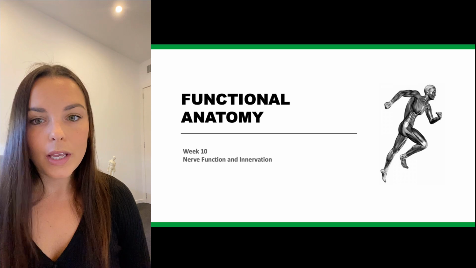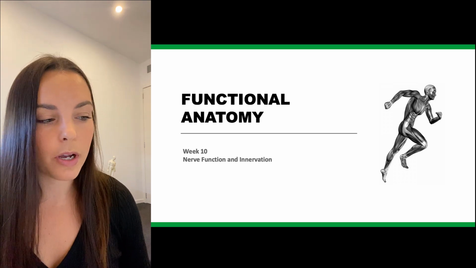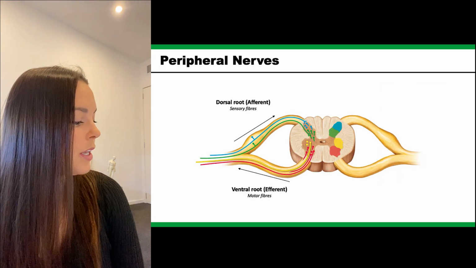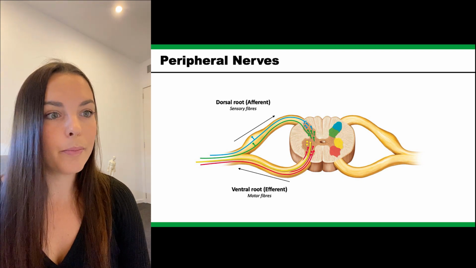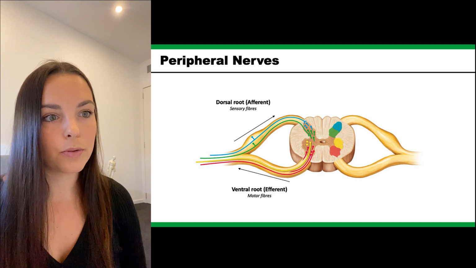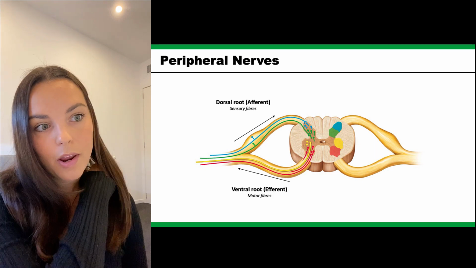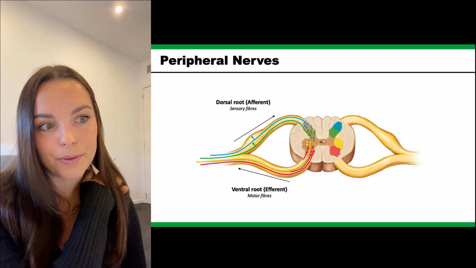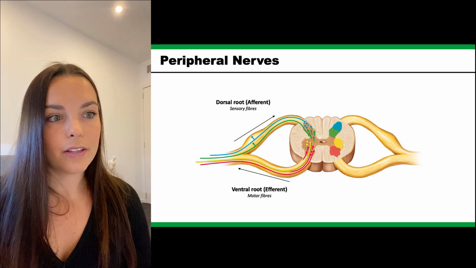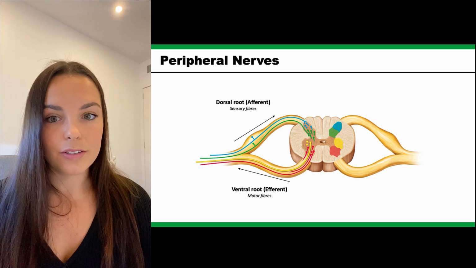So before we get into looking at the nerve plexuses, let's take a closer look at the spinal nerves and how those spinal nerves actually work. So you can see this picture here. It's also in your lab book, and this is showing how one spinal nerve is attaching to the spinal cord. So the nerve is the yellow, and the spinal cord is that browny color in the middle. Now, we have sensory fibers. I said that the function of the nervous system is to receive information, and it does this through our sensory fibers.